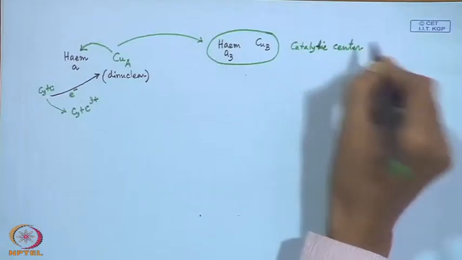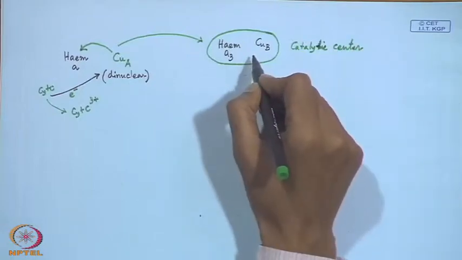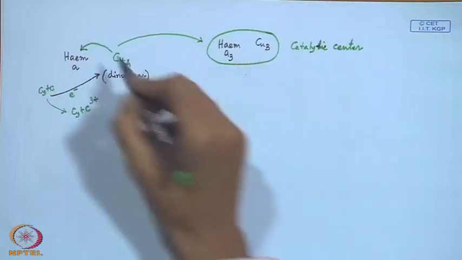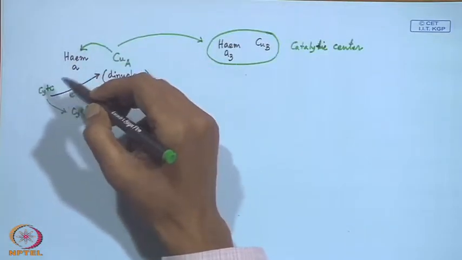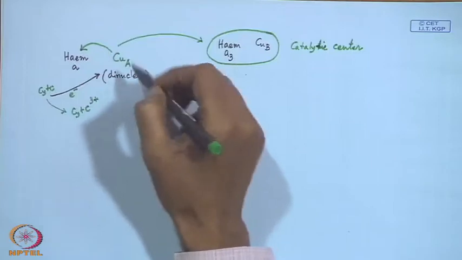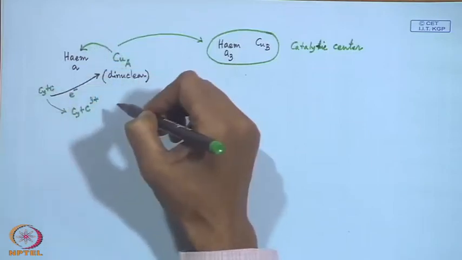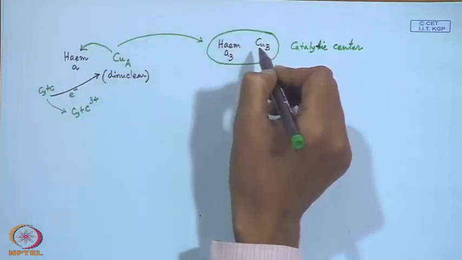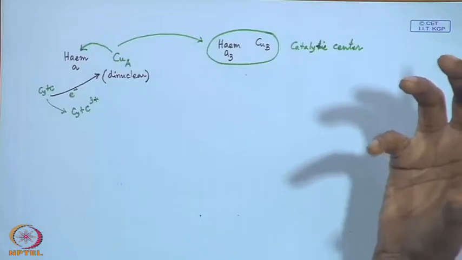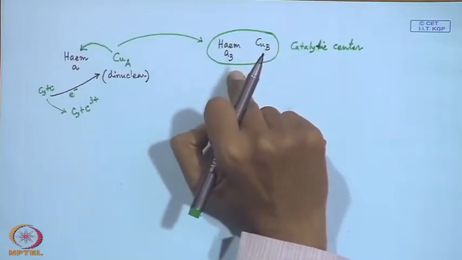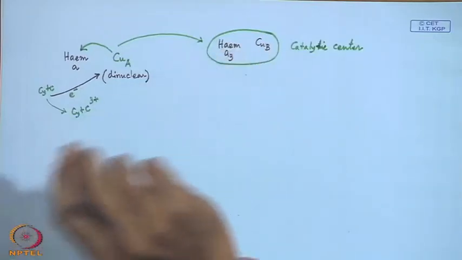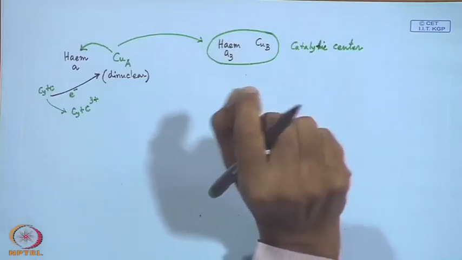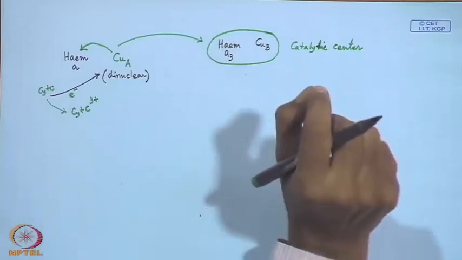Because it can bind the dioxygen molecule. So, you are getting at one hand the 4 electrons from this particular side, and you have the dioxygen molecule which is attached to this catalytic center, and ultimately, one after another, if we push those 4 electrons to the orbitals of O2, then you will be able to reduce that O2 to water molecule.